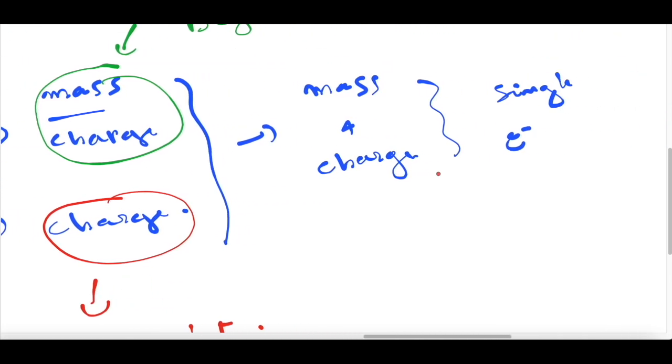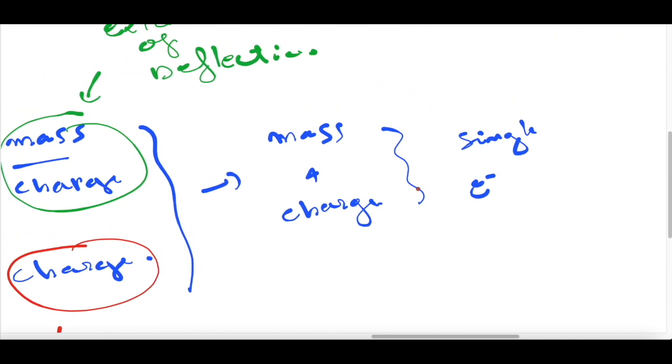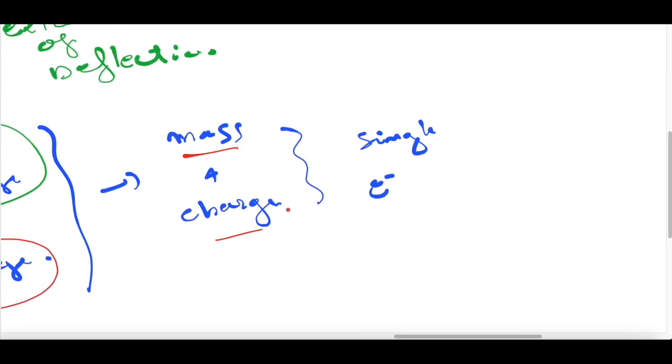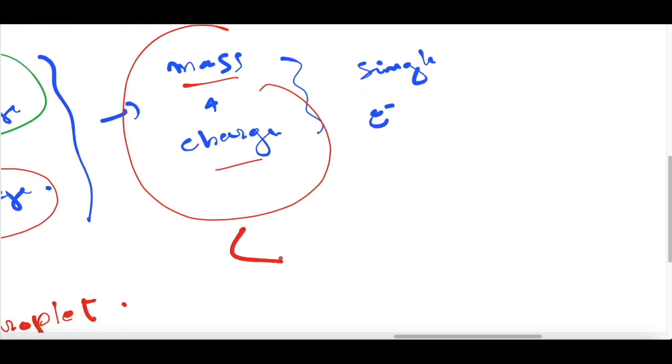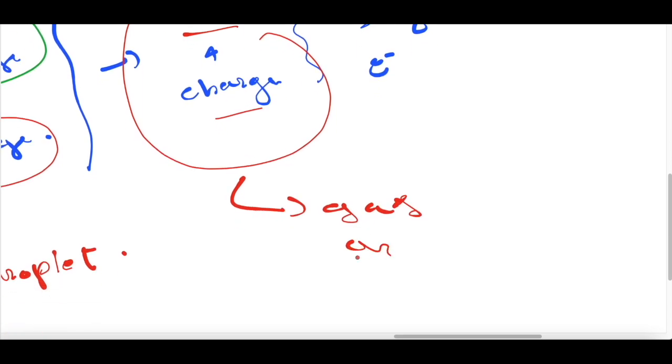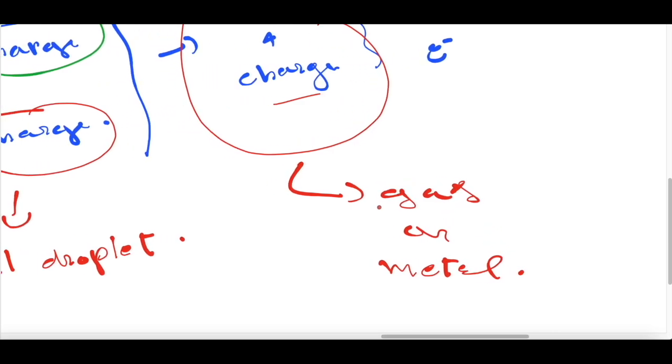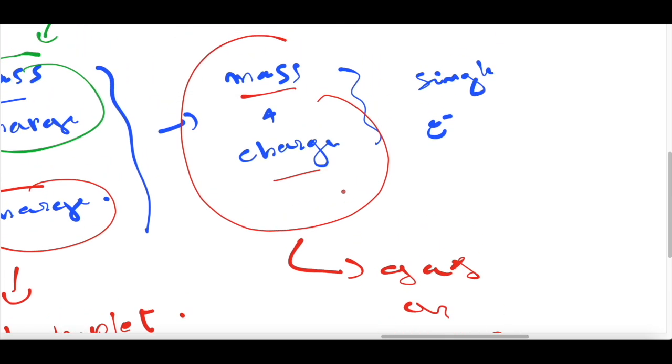But what was the most relevant to the field of chemistry is that the mass and the charge of a single electron was independent of the gas or the metal electrode. So if we changed the type of the metal electrode, zinc or other types of metals, we also have the same results for the mass and the charge.